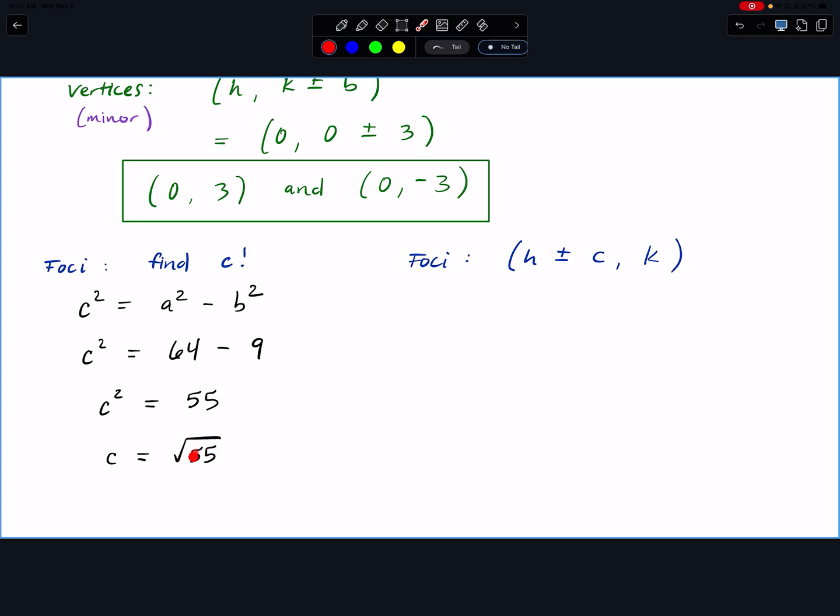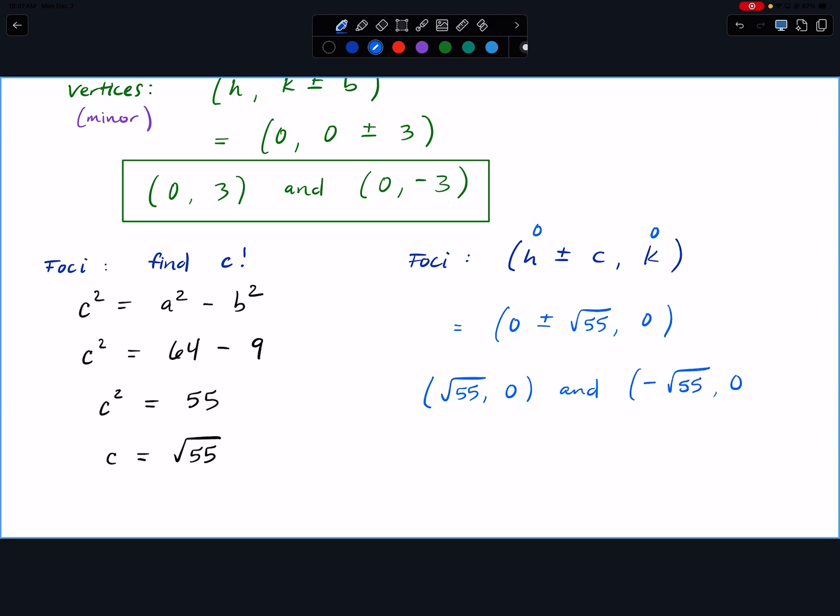I don't either, so we're not going to. To find what the points are, remember h was 0 and k was 0. So it's going to be 0 plus or minus the square root of 55, comma 0. So it's square root of 55, comma 0, and 0 minus that is negative square root of 55, comma 0. So these are our foci.